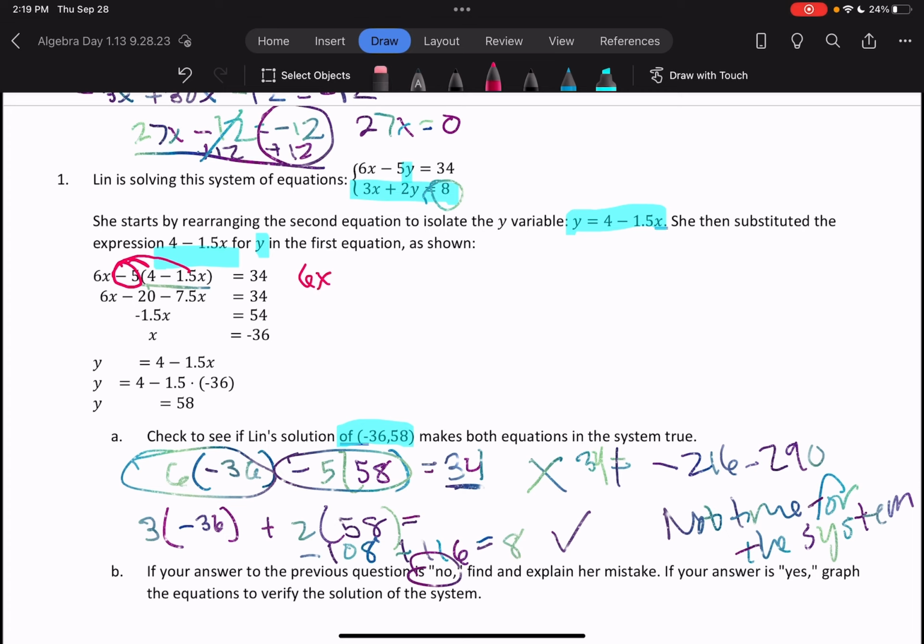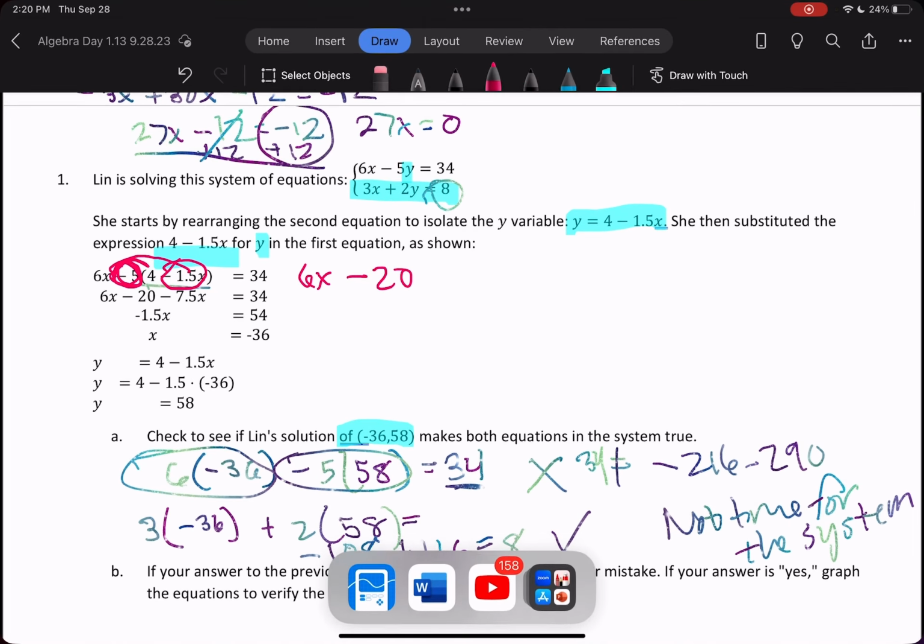So we would have 6x, negative 5 times 4 gives us negative 20, negative 5 times negative 1.5. If you calculate that, negative times a negative is going to give us positive 7.5x.